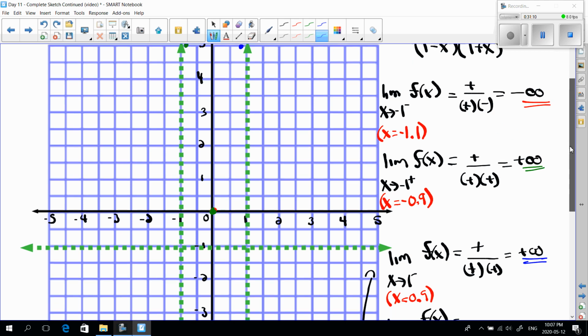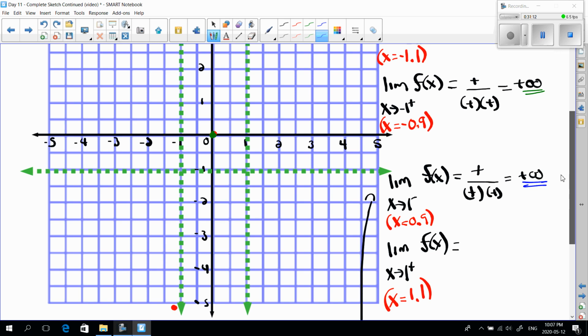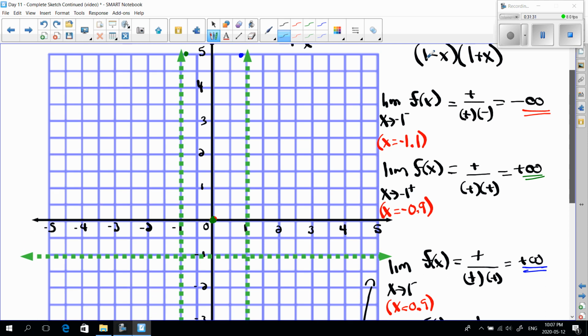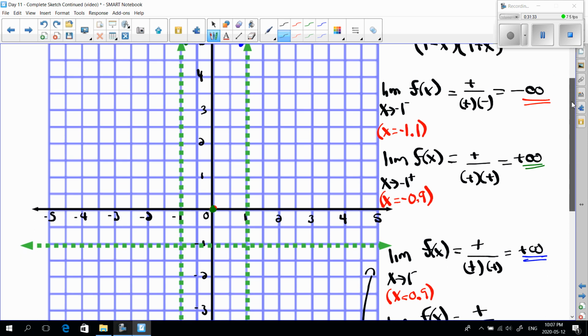And then finally, I'm going to do the same thing, but I'm approaching 1 from the right. So 1.1 is the number I chose, or you could use 1.01. If you square 1.1, you get a positive 1.21. 1 minus 1.1 gives me a negative 0.1.